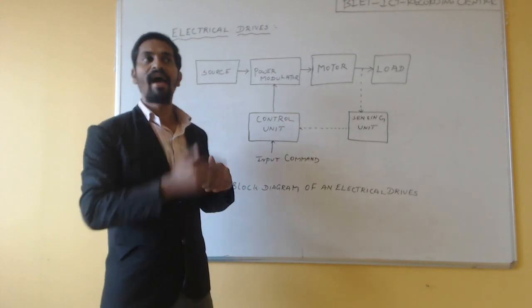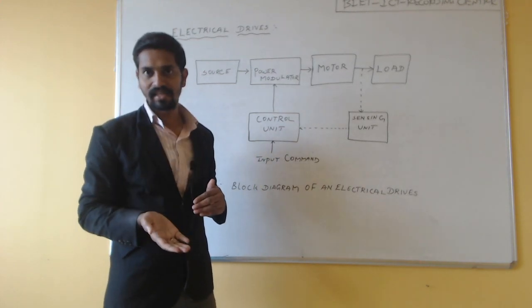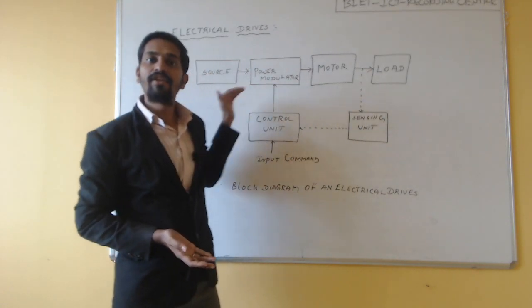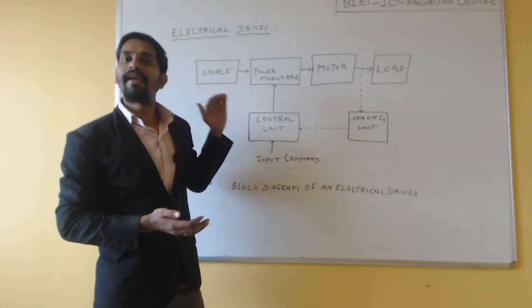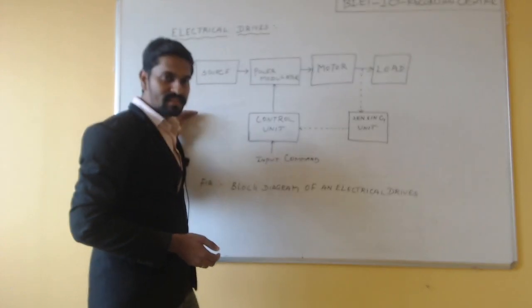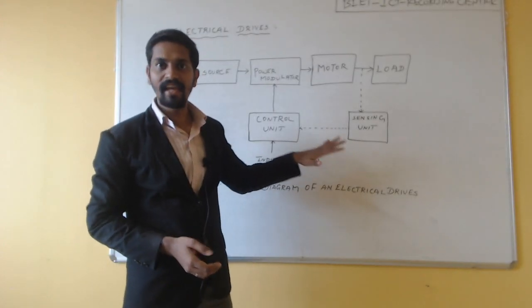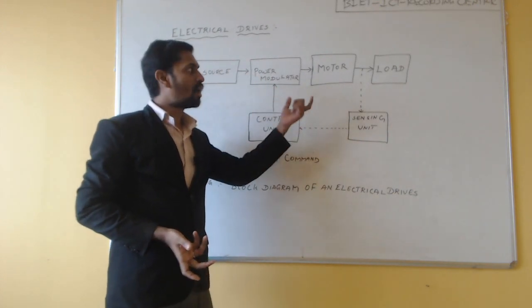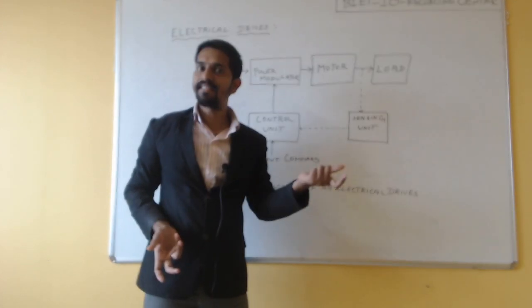That's why I need a power converter. If my supply is AC and my motor is DC, I use a rectifier. The rectifier will convert the AC supply into DC supply. So here I am using the power modulator as a rectifier, because my motor is a DC motor.